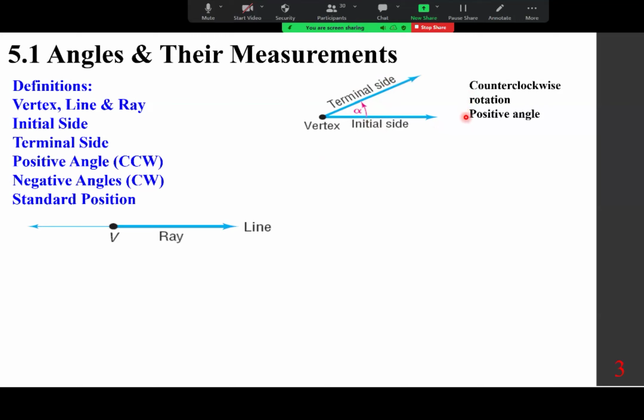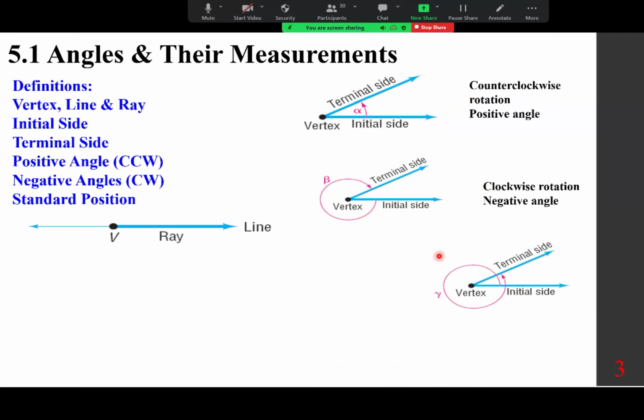Counterclockwise rotation is the positive angle. Clockwise rotation is the negative angle. This is counterclockwise and therefore positive.